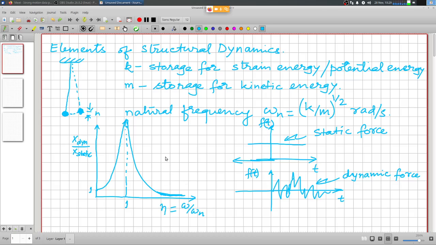Now obviously, if I have a simple building system, which I can model as a heavy slab resting on columns, this can be modeled as M, and the columns, whose lateral stiffness can be referred to as K, can be transferred in the form of a mechanical analog.